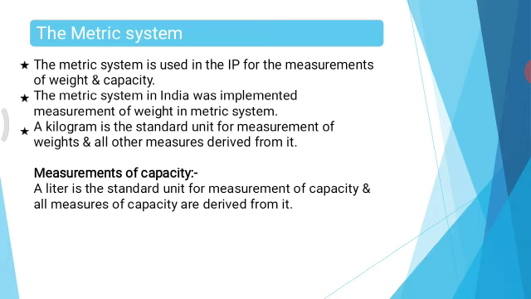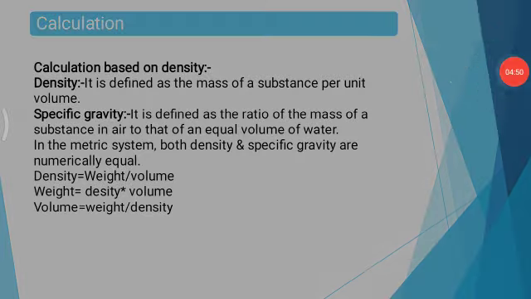Next is measurement of capacity. A liter is the standard unit for measurement of capacity and all measures of capacity are derived from it. So 1 liter has 1000 milliliters.